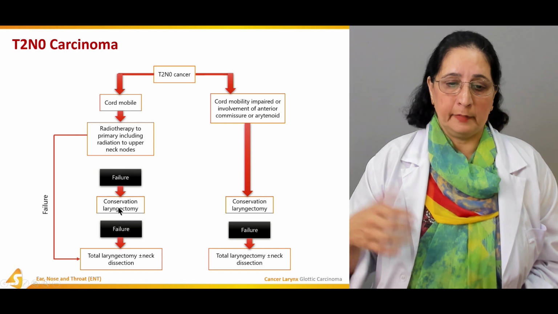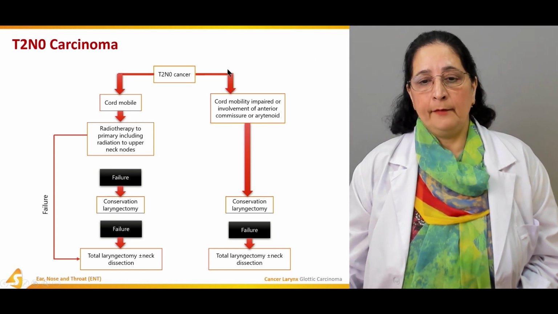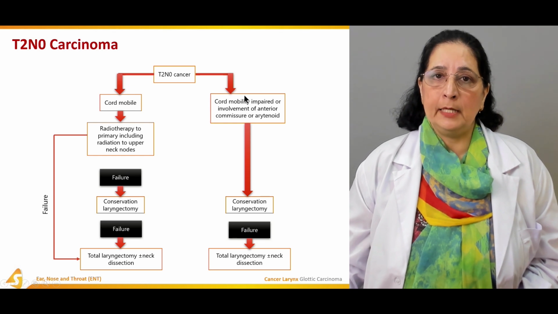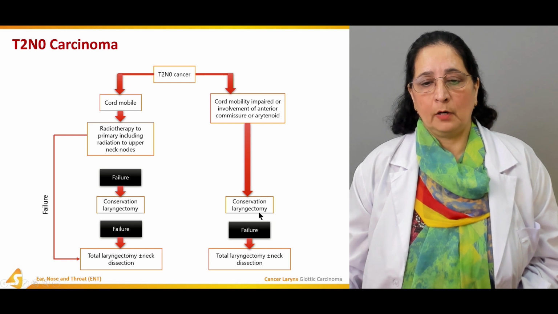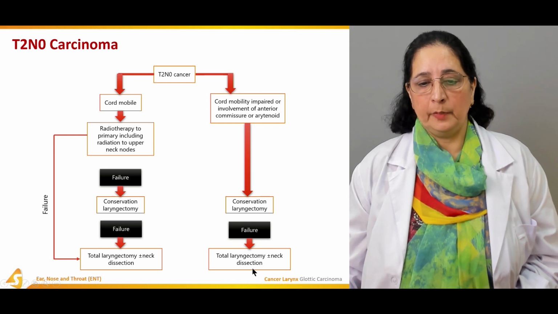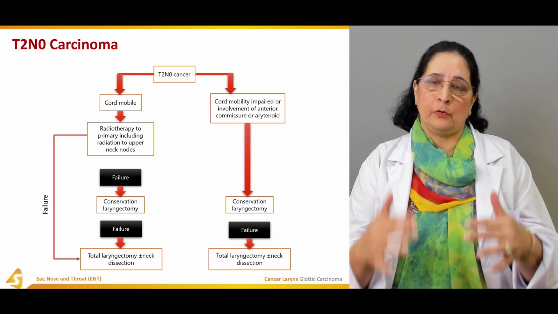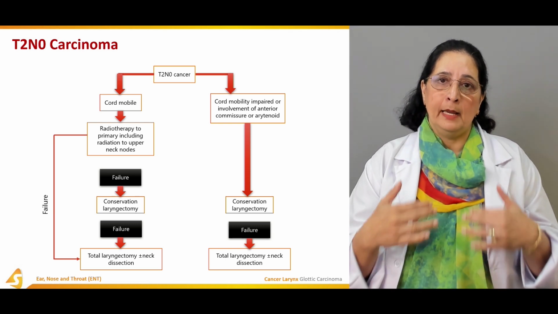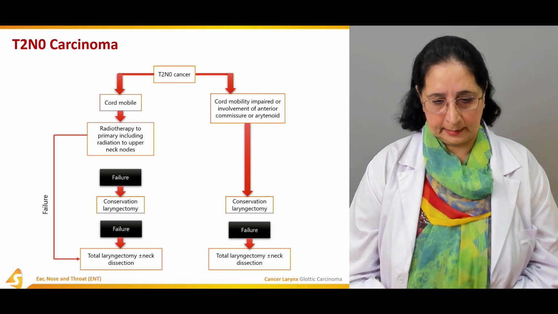Always first conservative. If that is not effective, we should go for total. If the mobility of the cord is affected, then we should go for conservative laryngectomy, again then total laryngectomy. So both ways we should go first for the conservative and then total laryngectomy along with neck dissection.